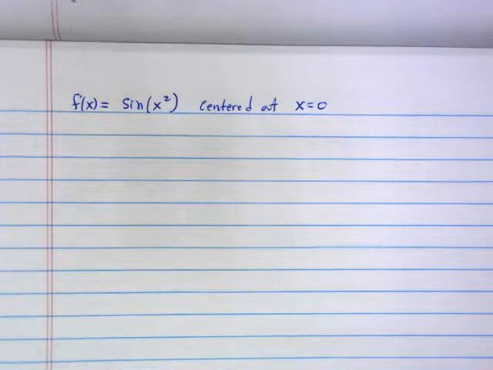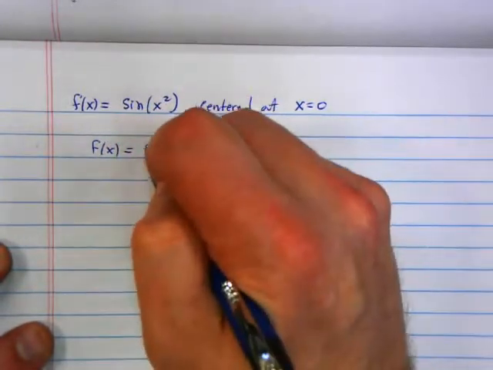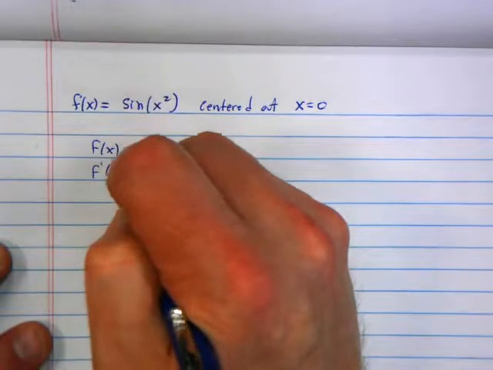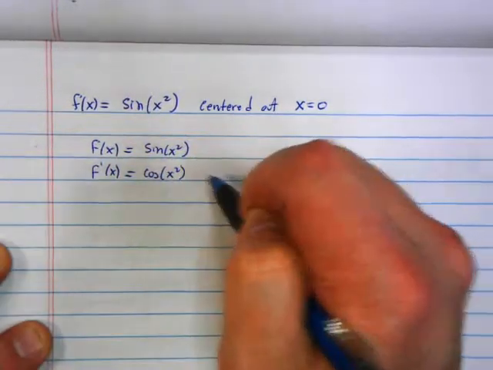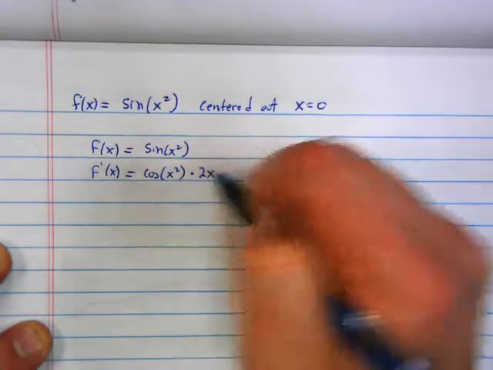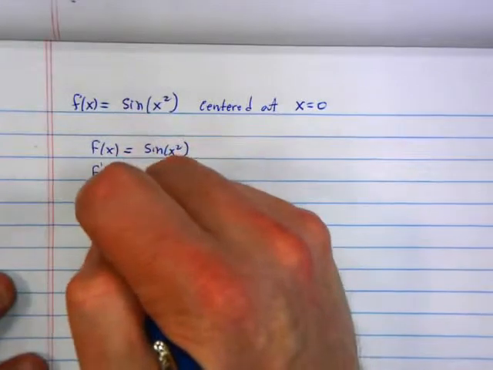Take the derivatives. All right, so we have f of x equals sine of x squared. F prime of x would be cosine of x squared times 2x. And this gets ugly in a hurry, doesn't it? Just for example, what's the second derivative?